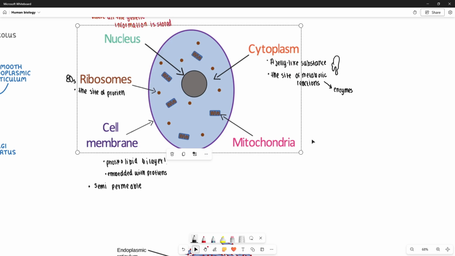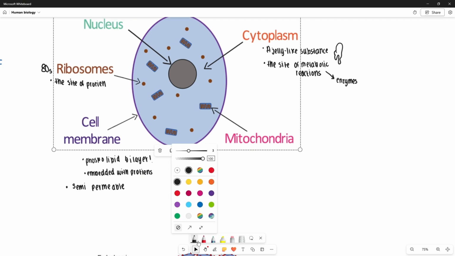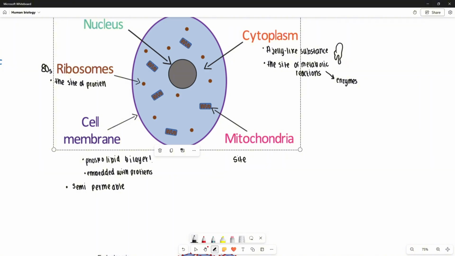Let us go on to the mitochondria. An important thing that we need to know about the mitochondria is that they are the site of aerobic respiration.